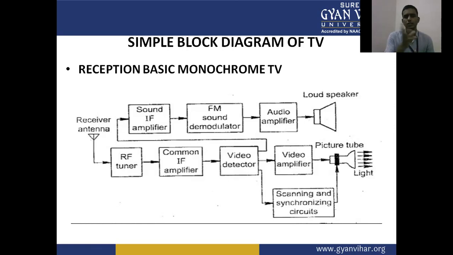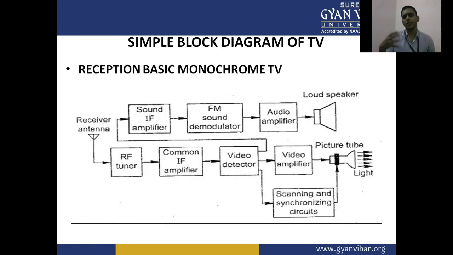The audio signal is given to the sound intermediate frequency amplifiers, and then we have the FM sound demodulator, which demodulates the sound signal into the electrical sound signal. This demodulation is the process performed by the FM demodulator.